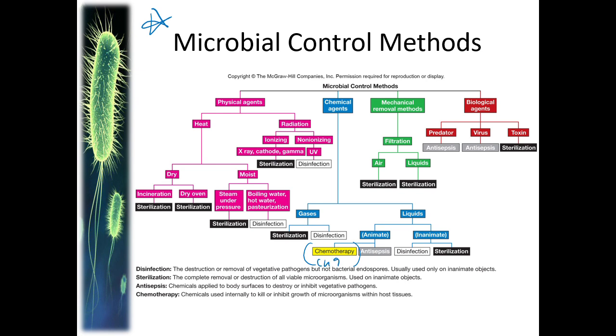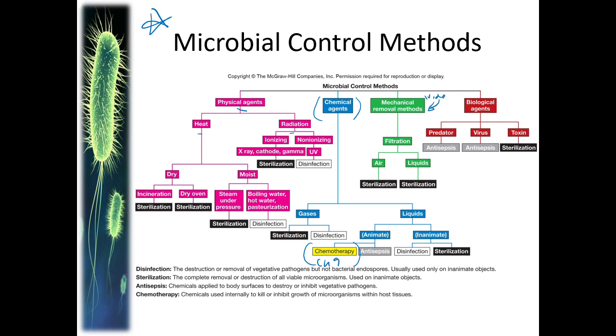So you can see we break this into 4 big categories. What are the 4 big categories? Physical agents, so things that impact temperature, radiation, levels of water. There are also chemical agents. And then this one you're going to do on your own. There are some videos about mechanical removal methods.